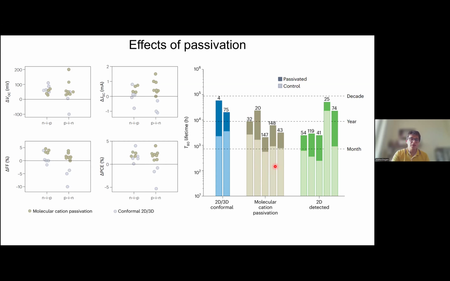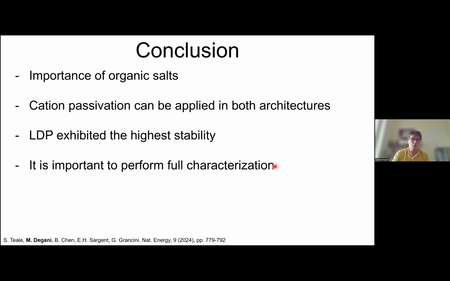And in fact, this is a review I made with the group of Ted Sargent, and I would like to highlight the importance of these precursors. And it looks like cation passivation can be applied in both architectures. Meanwhile, the formation of a low-dimensional perovskite gives us the highest stability.